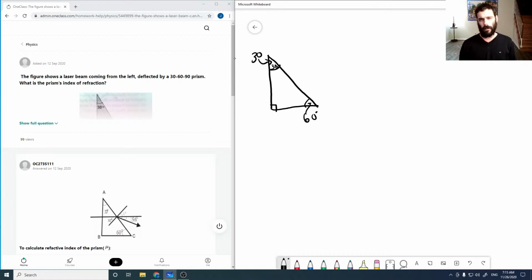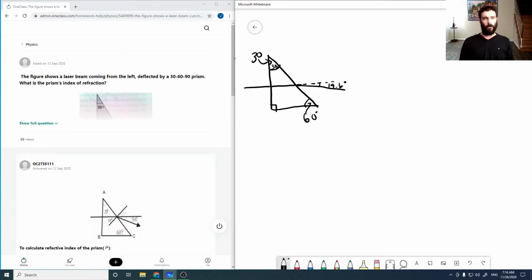Okay, so we have a laser coming in from the left, which then would go straight if there was no difference in refractive index, but it instead bends by 19.6 degrees.